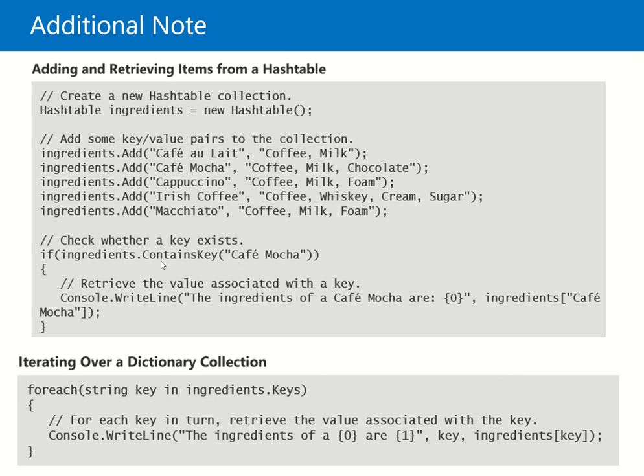In this if function, it will check, is there any key called cafe mocha? Yes, there you are. And then, let's say this if function wants to retrieve the value associated with this key.